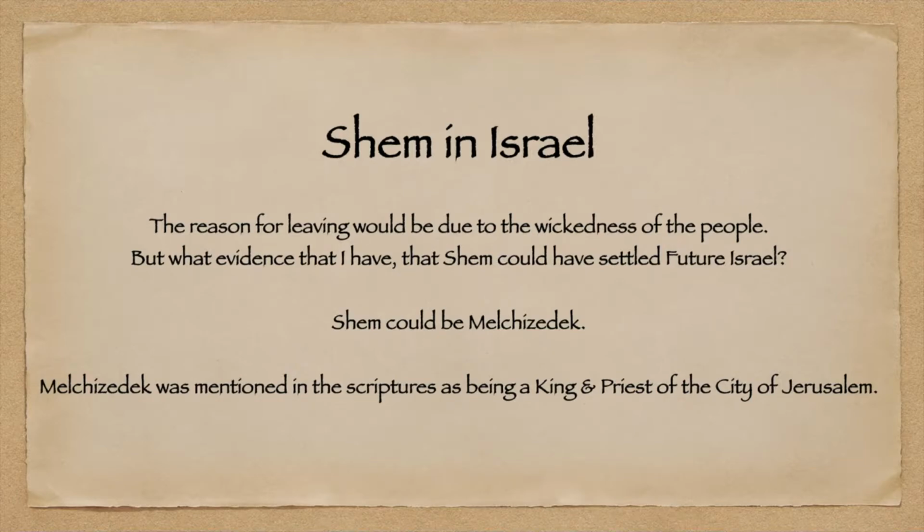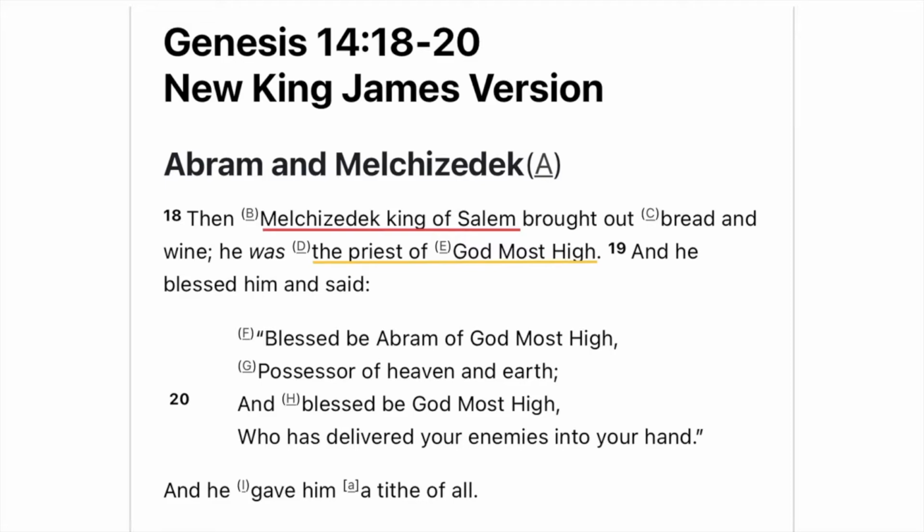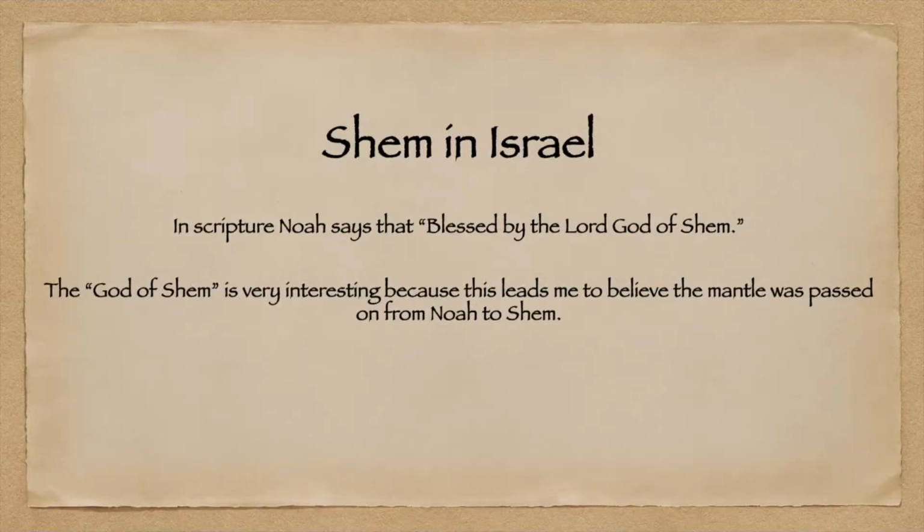Melchizedek was mentioned in the scriptures as being a king and priest of the city of Jerusalem. Genesis chapter 14, verse 18 through 20 says that Melchizedek is the king of Salem and that he is the priest of the God Most High. In scripture, Noah says that blessed by the Lord God of Shem.